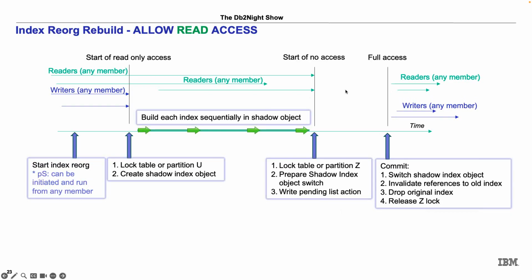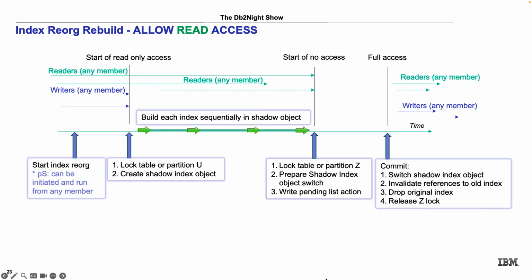Yeah, because you don't take locks. But if your scan or read is like a CS or RR or RS scan, it takes locks, right? So at the end, when we do the switch, we block everybody. So you won't be able to proceed. You have to wait, right? Once we finish, then you can proceed. But if you have a lock timeout, and if you reach the lock timeout, you probably will get a 901.